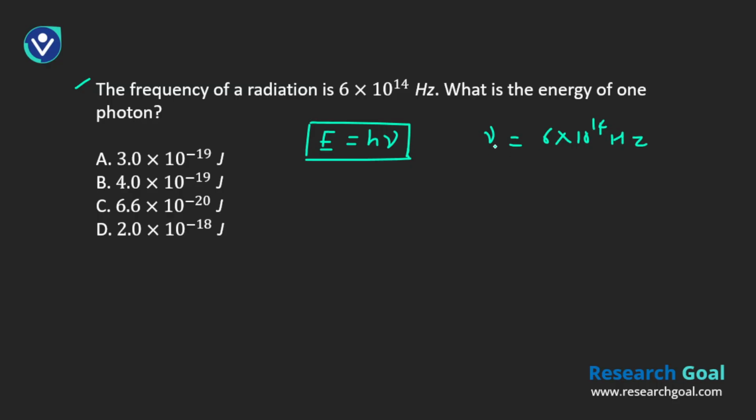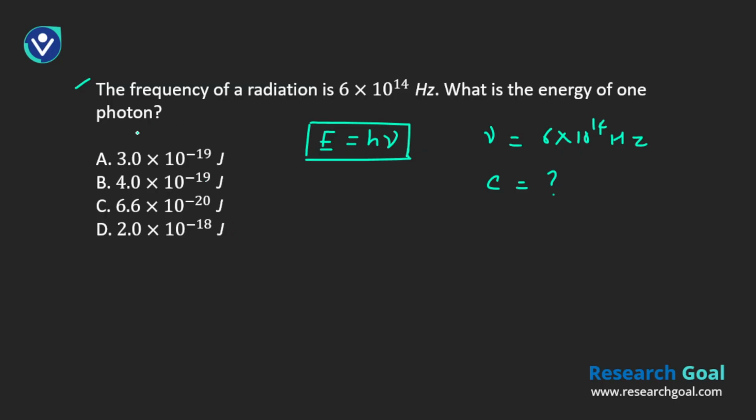You also know the value of C; sometimes you have to remember it. Let's see the options: 3 multiplied by 10 to the power minus 19, 4 multiplied by 10 to the power minus 19, 6.6 into 10 to the power minus 20, 2.0 into 10 to the power minus 18.